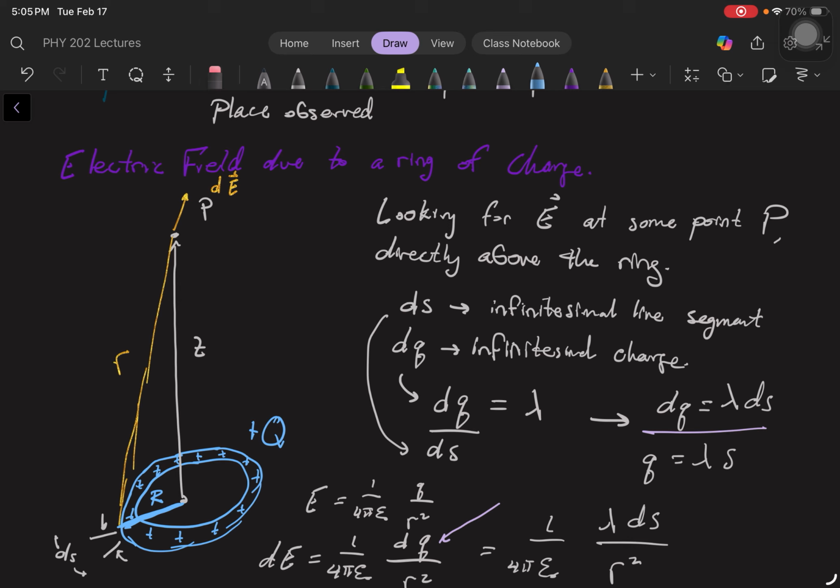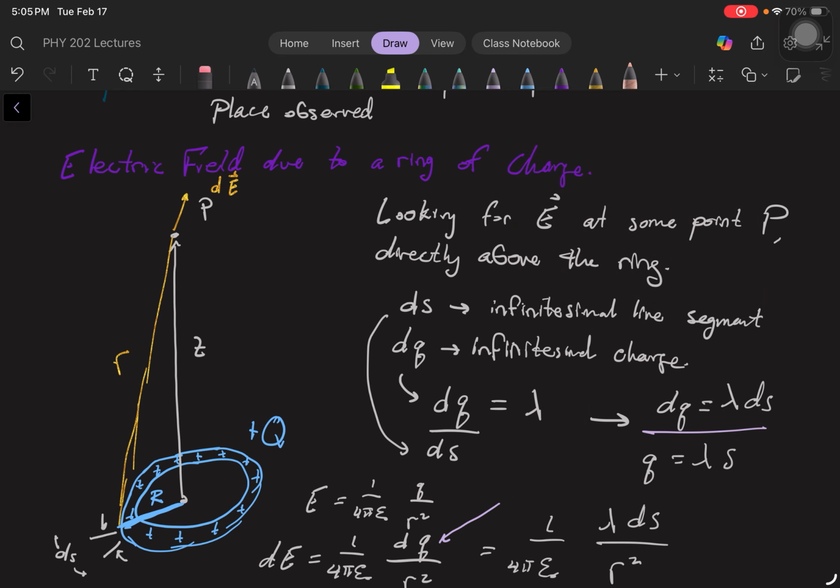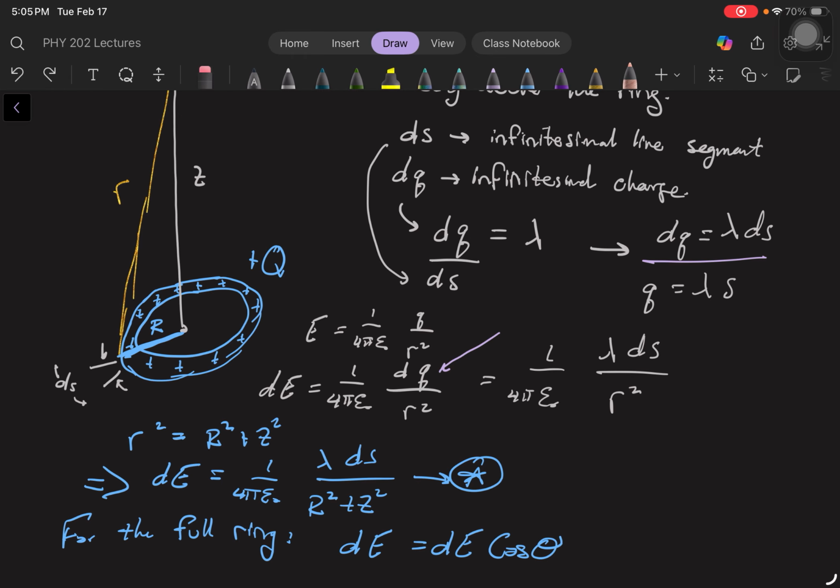So we picked our point ds to be over here.